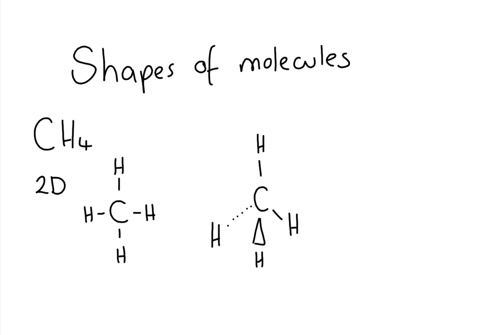So the 2D shape wasn't wrong, it's just that the shape is now being drawn as a 3D structure. Because obviously molecules are moving around and they aren't all flat, they do have a 3D shape. So when it comes to actually drawing molecules in this section, we have to represent them in that 3D shape.